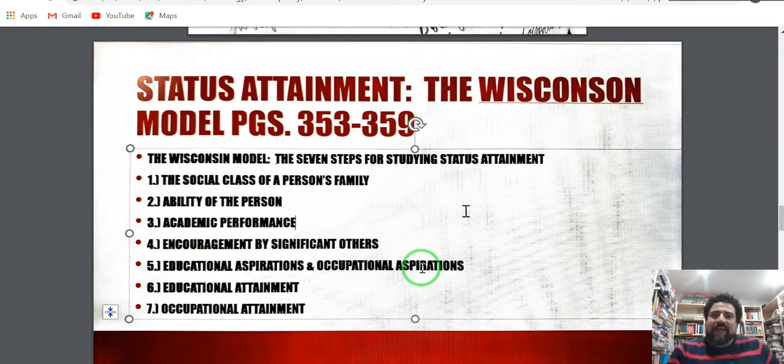If your parents are both medical doctors, well, it's subtle, but the educational and occupational aspirations of you are shaped by anticipatory socialization.